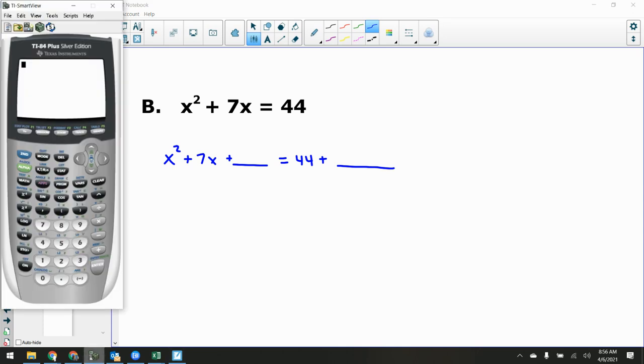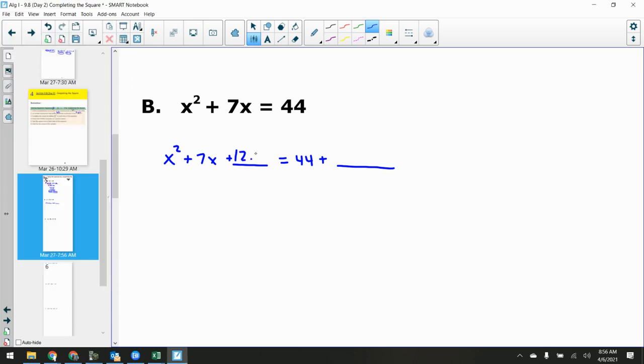Well, I've got to take 7 divided by 2, which is 3.5. Do I put 3.5 in my blank? What do I do to 3.5? Square it. 12.25. Don't round it. Where you can. I mean, obviously, if this was like a 0.3 repeat.